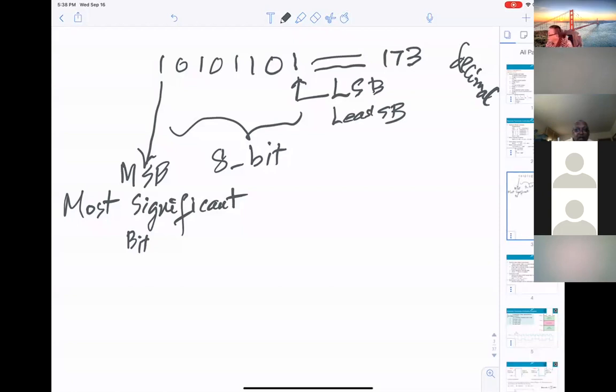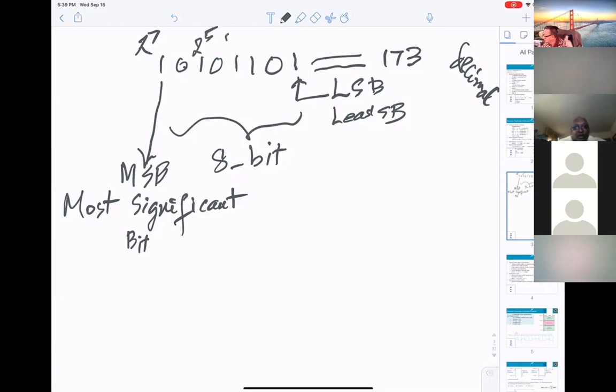So basically you're using 2 power, right? That will be 2 power of 7. Adding this one, 2 power 5.